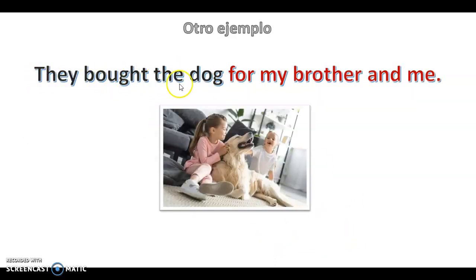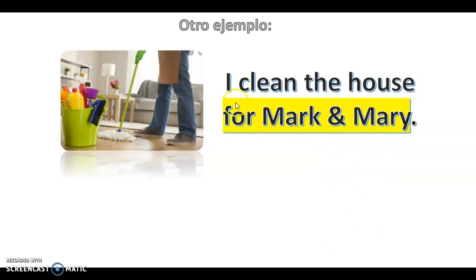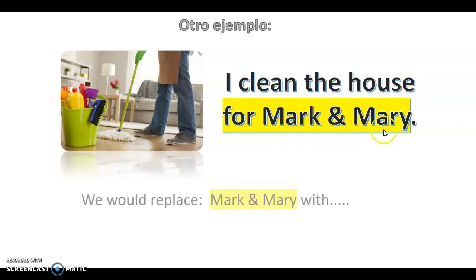Otro ejemplo. They bought the dog for my brother and me. For whom did they buy the dog? For my brother and me, which would turn to us. So the pronoun shortens the actual indirect object. Otro ejemplo, I clean the house for Mark and Mary.